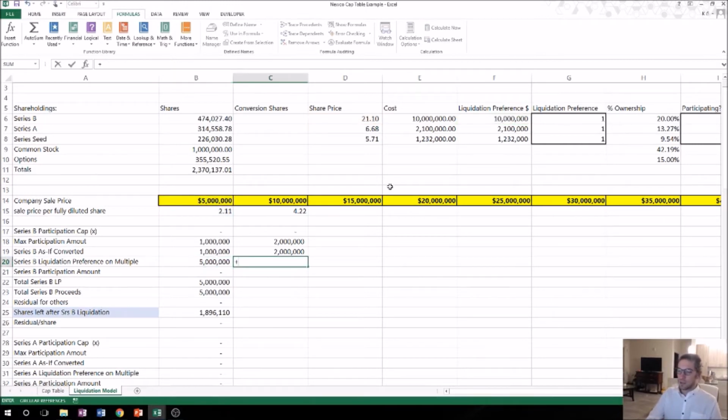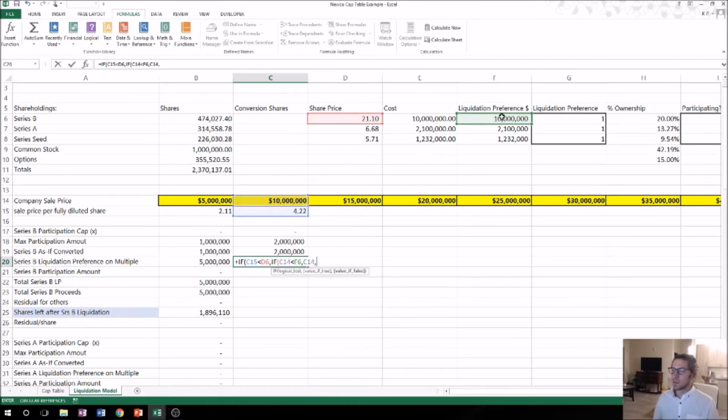So we can do that real quick. We'll do if the sale price per fully diluted share is less than the share price paid, and then if the company's sale price is less than the liquidation preference, then give them the entire company's sale price.